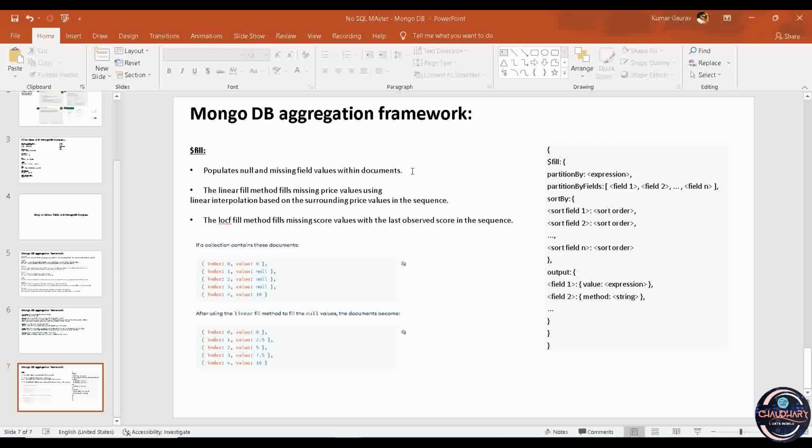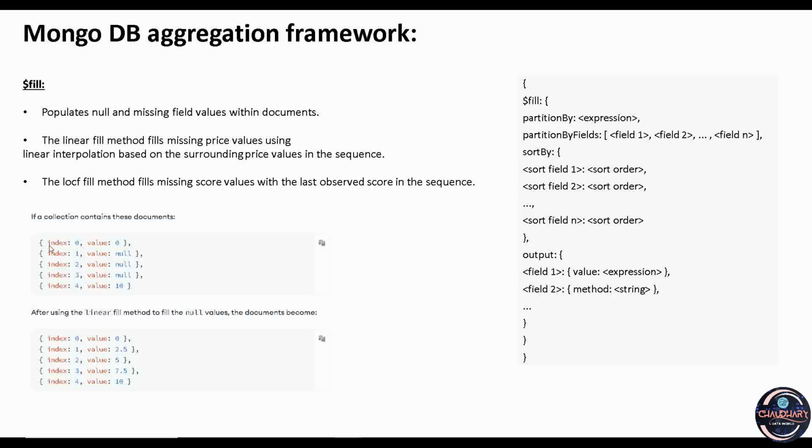In a practical scenario, let me show you how we use it. In this collection, we have documents with the fields index and value. Suppose this index and value are in our source collection. When we use fill, you can see that it will be filled up with some value.